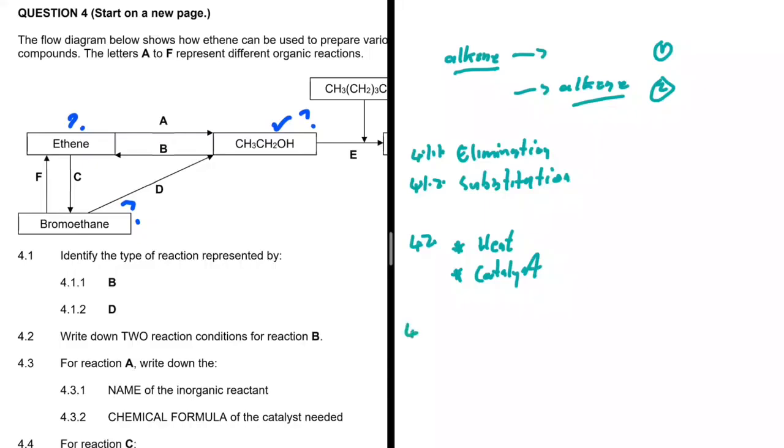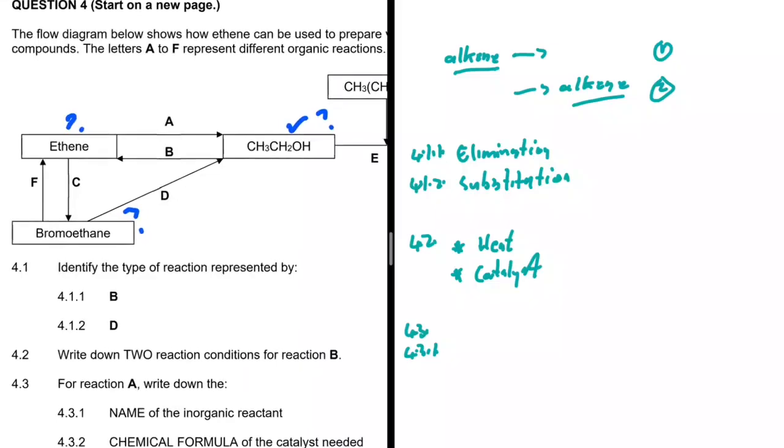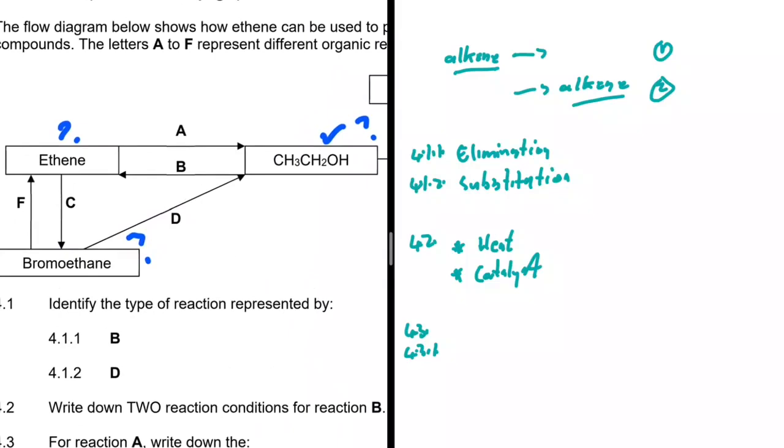That is 4.2. Let's take a look at 4.3 and 4.3.1. For reaction A, write down the name of the inorganic reactant. So reaction A, we are turning an alkene into an alcohol. Obviously, we need H2O to turn an alkene into an alcohol.